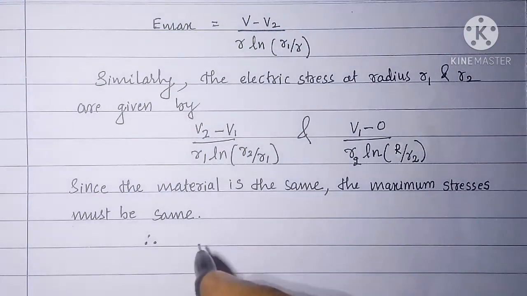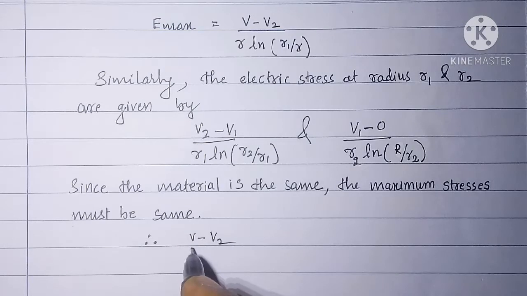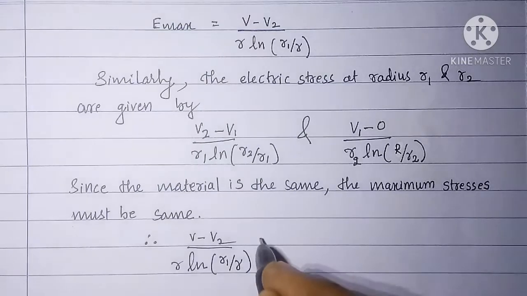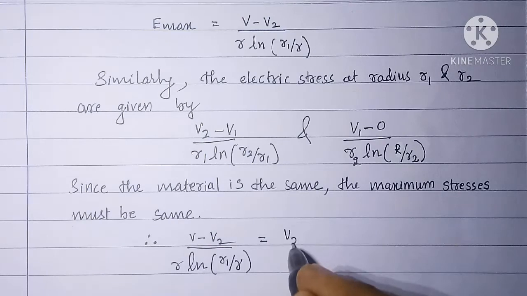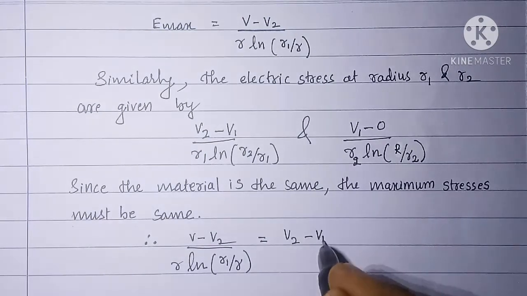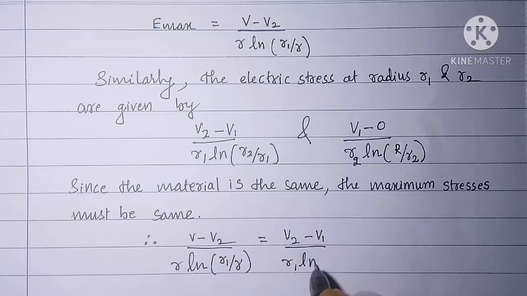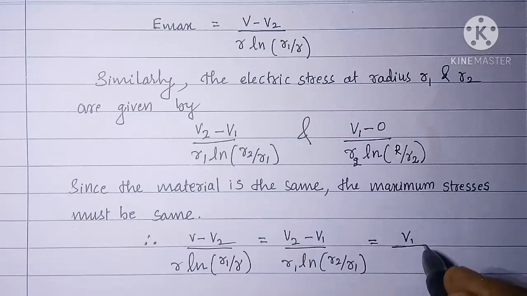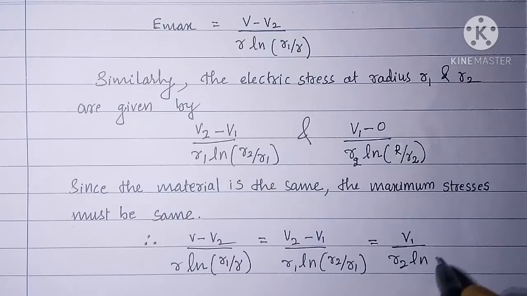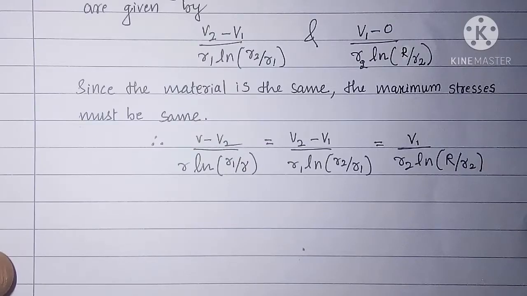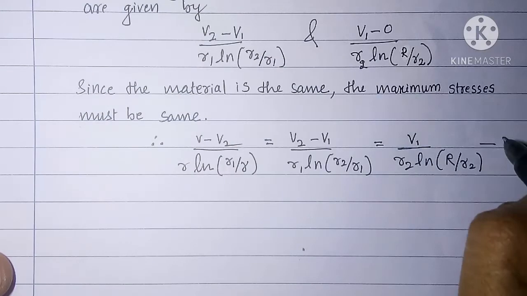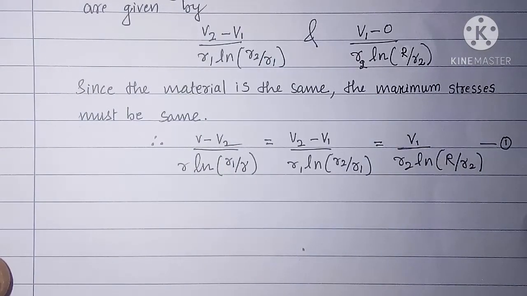Therefore, V minus V2 upon R into ln of R1 by R should be equal to V2 minus V1 upon R1 into ln of R2 by R1, that is equal to V1 upon R2 into ln of capital R by R2. Let us call this as equation 1 for future reference.